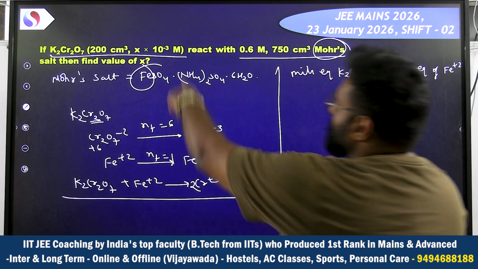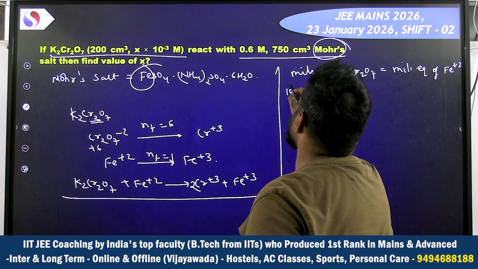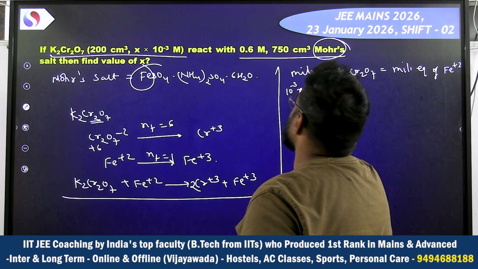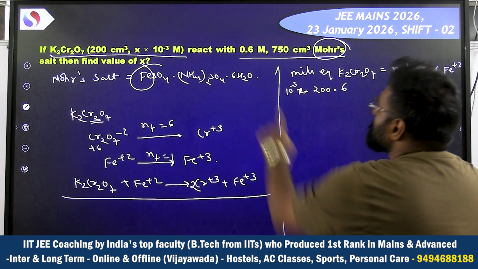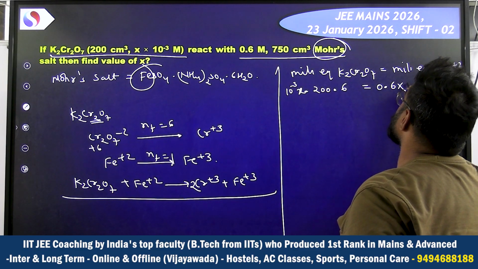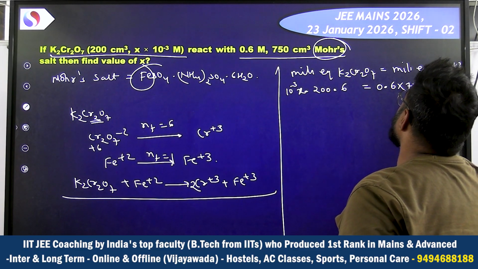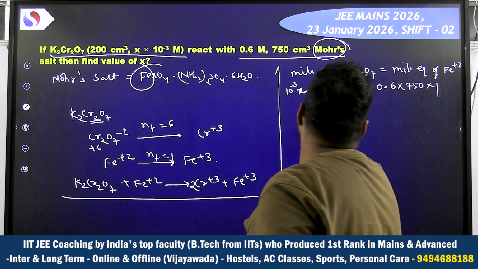Correct? So what is given? x into 10 to the power minus 3 into 200 into n factor 6 is equal to 0.6 into 750 into n factor 1, and you need to find x.